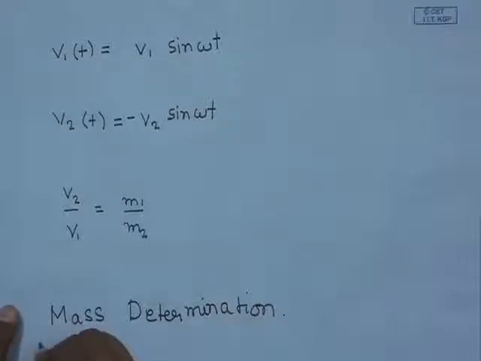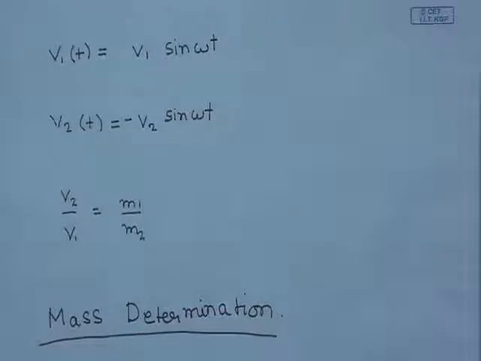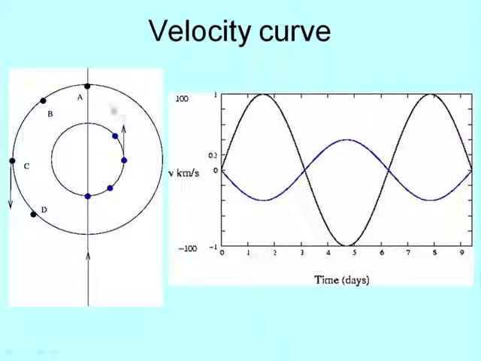This is something that I mentioned in the last class, that binary systems can be used to determine the masses of the individual objects, and today I am going to give you some idea about how this is done, and we shall take up for discussion the simple situation where we have circular orbits. It is more complicated for elliptical orbits.